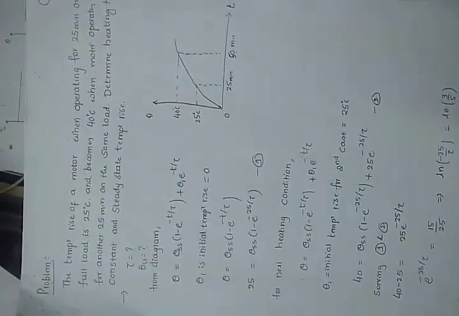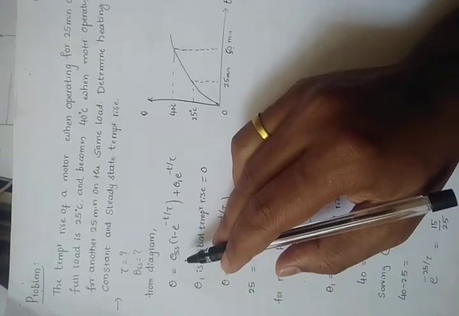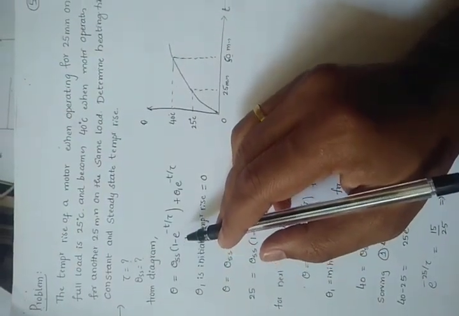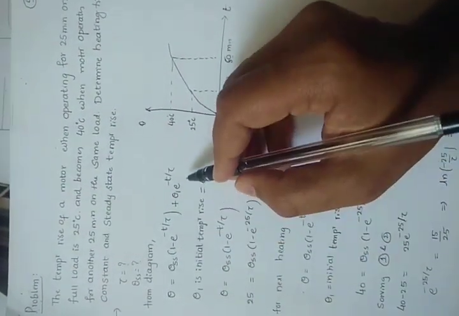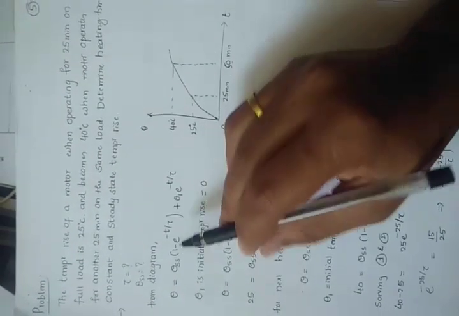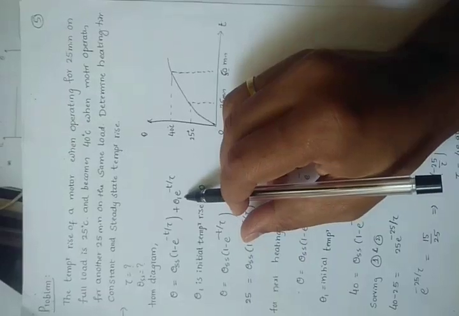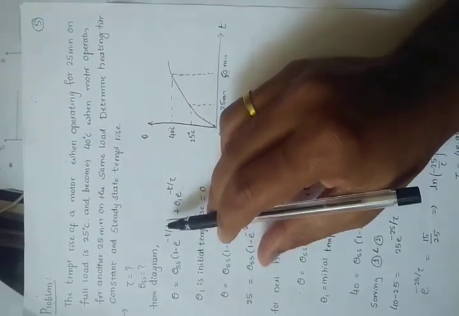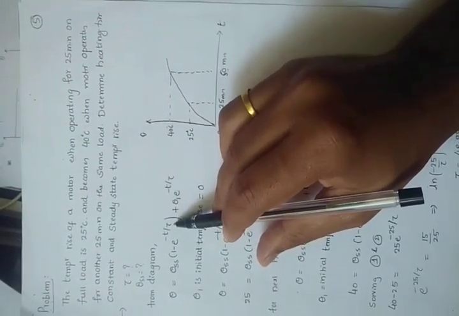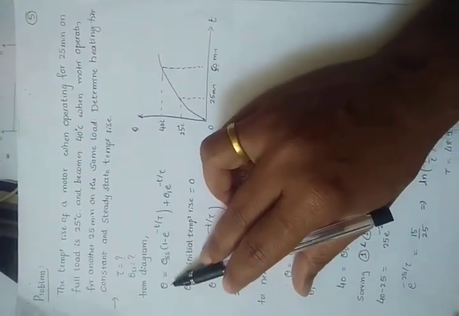The formula we have is theta equal to theta s times (1 minus e power minus t by tau) plus theta 1 e power minus t by tau. Theta s is the steady state temperature rise, which we don't know. Theta 1 is the initial value, t is the time given, tau is the time constant, and theta is the final temperature rise.